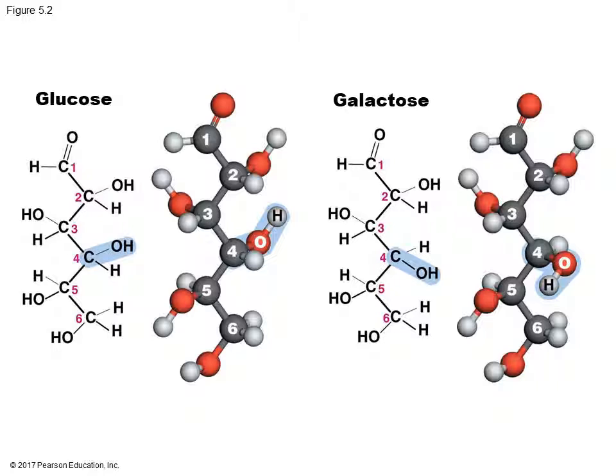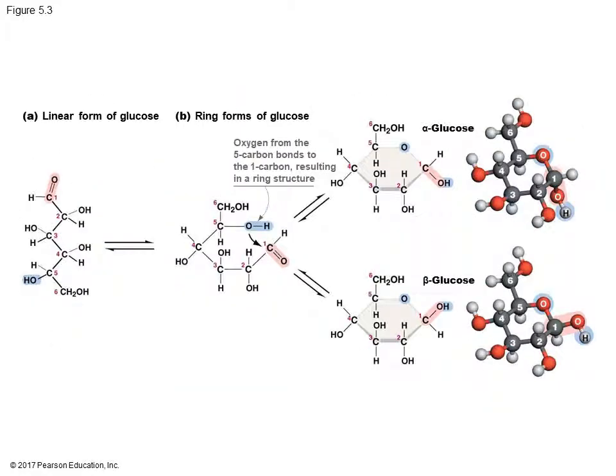So what's the difference between the two? If you look at the 4th carbon, glucose has the hydroxyl group above carbon 4 or above the carbon plane. If you look at galactose and you look at the 4th carbon, you see the hydroxyl group OH below the 4th carbon or below the carbon plane.